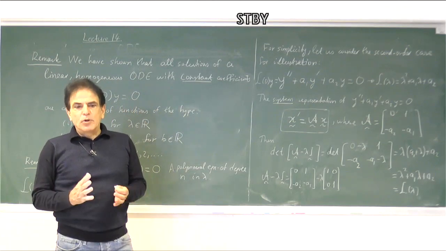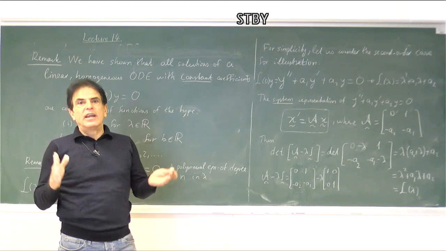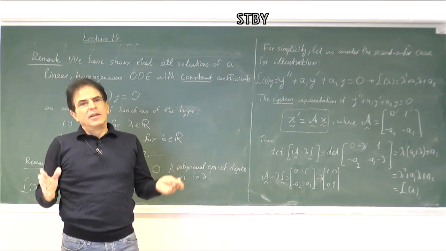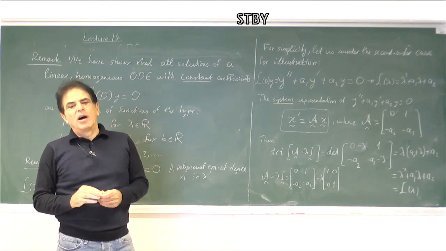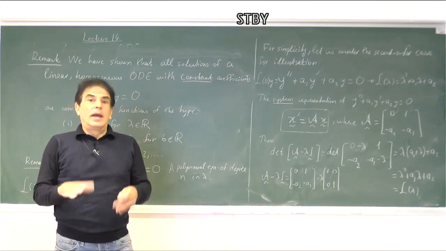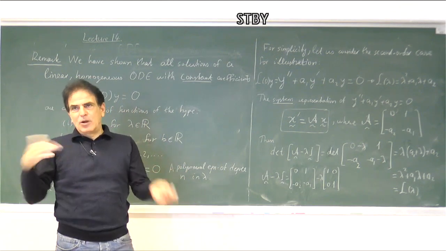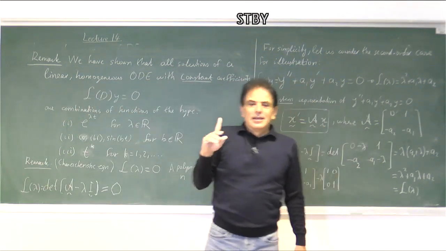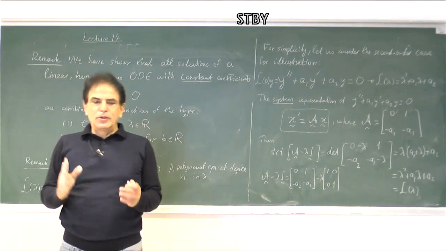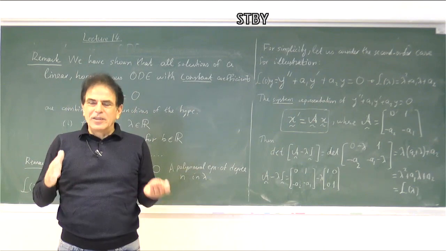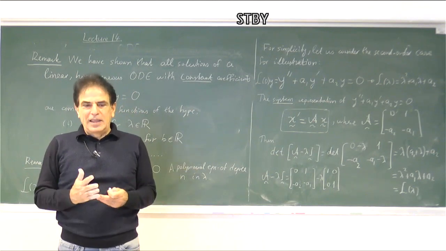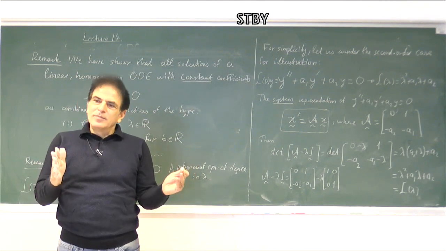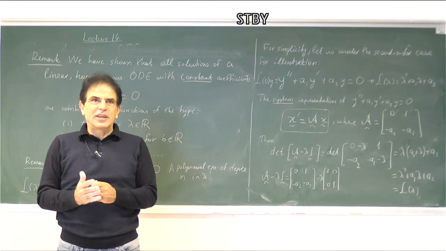Now we are in a position to solve any homogeneous linear ODE with constant coefficients, provided that the roots of the characteristic polynomial are all known, of any type: real, complex, repeated, etc. If the differential operator L of D is given in its factorized form, it is not difficult to find the roots of the characteristic equation.